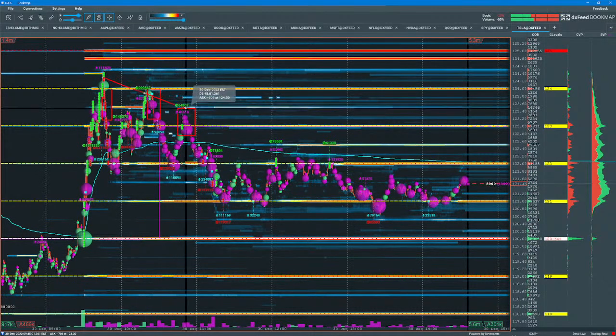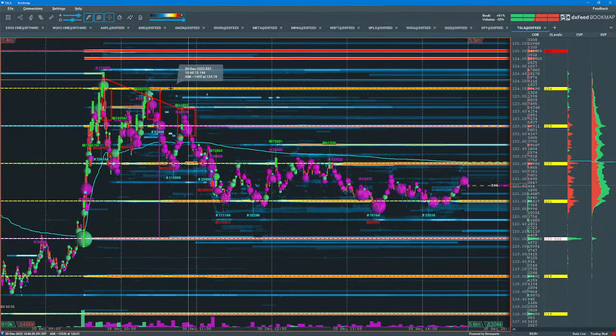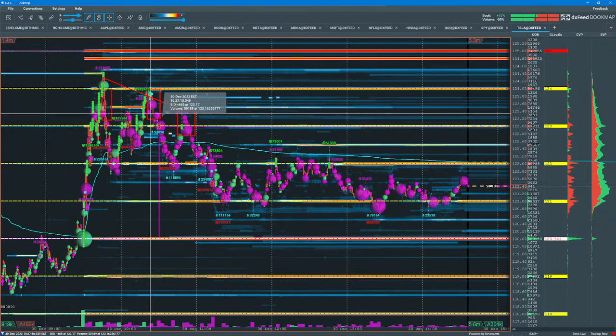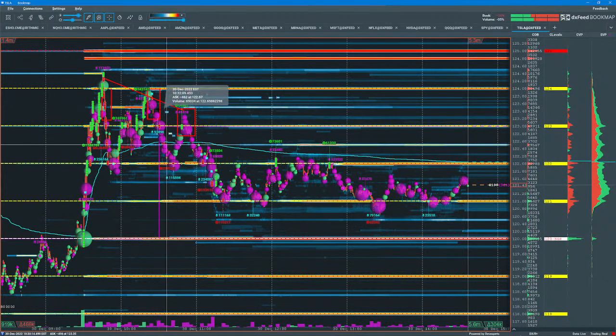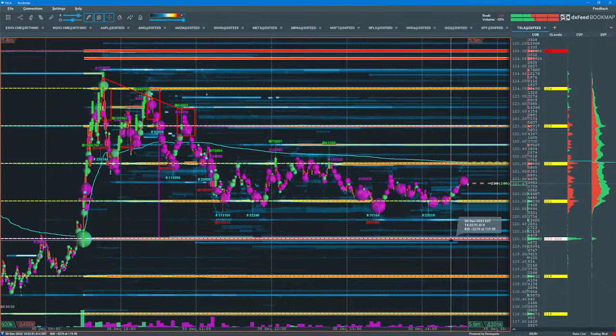Price making lower highs. Potential entries: that sell sweep, the red dots, and then the aggressive sellers are coming in, you can see that with the pink purple dots, and the same here. And let's go take a look at Hero. Really the level in play is the 120 key gamma strike for the move down.